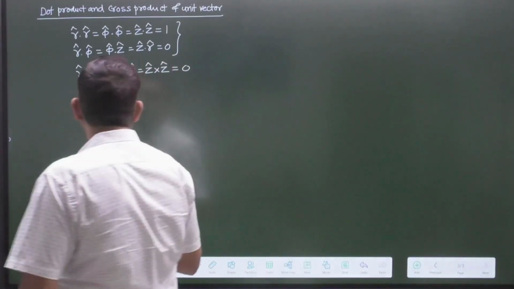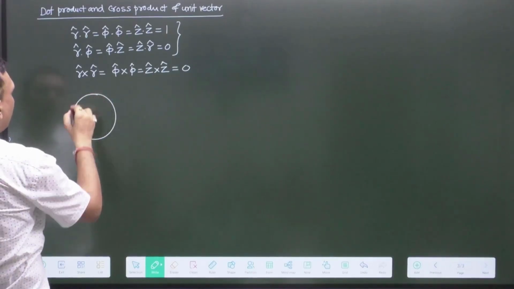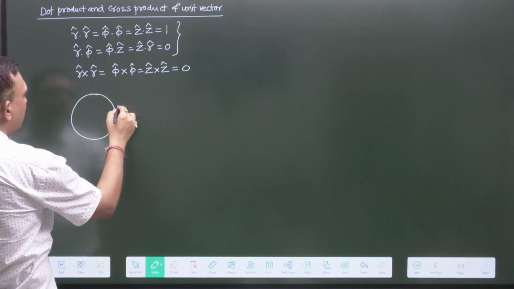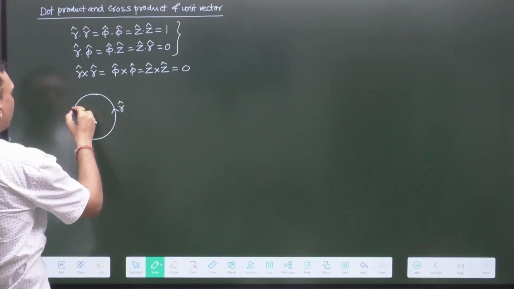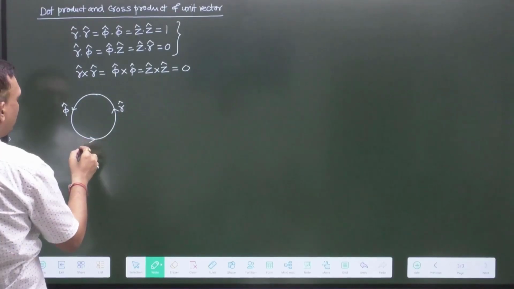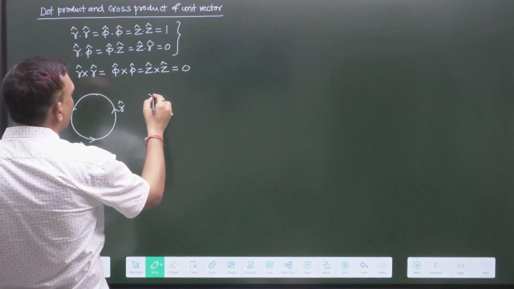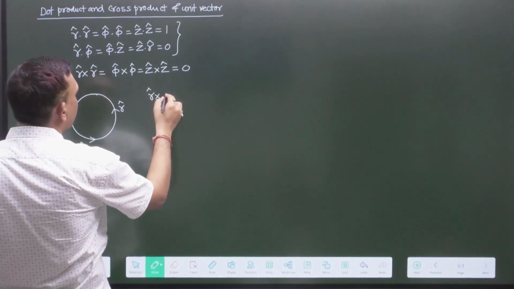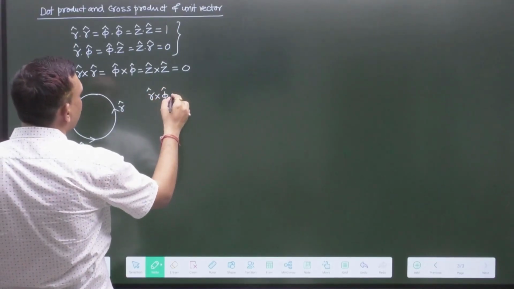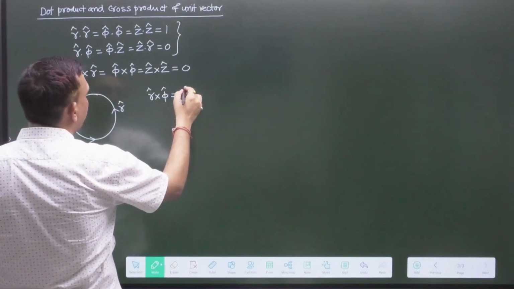And for the right hand rule, again you can remember, if you move in anti-clockwise direction, this is R cap, this is phi cap, and this will be Z cap. So R cap cross phi cap will be Z cap.